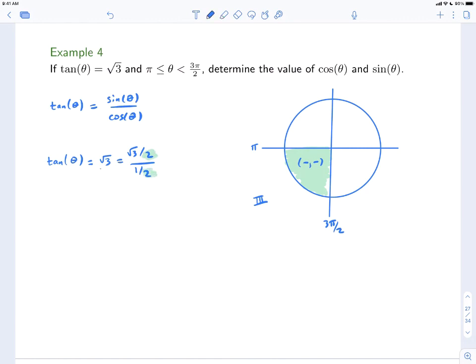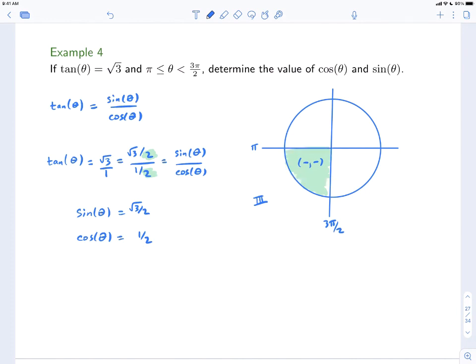Square root of 3 is the same as square root of 3 over 1. But we can get away with that because these are values of sine and cosine. So we're looking for a theta where sine of theta is the square root of 3 over 2, and cosine of theta is 1/2. Well, actually, remember that these have to be negative.